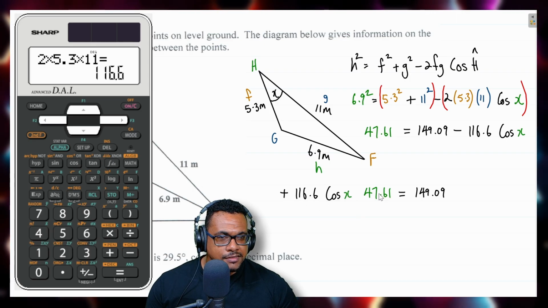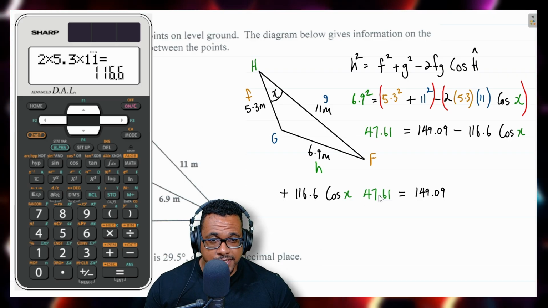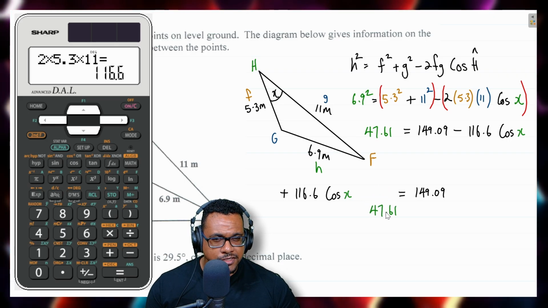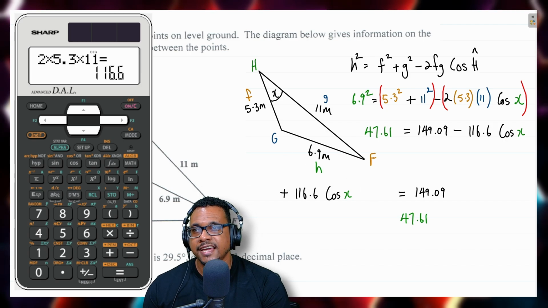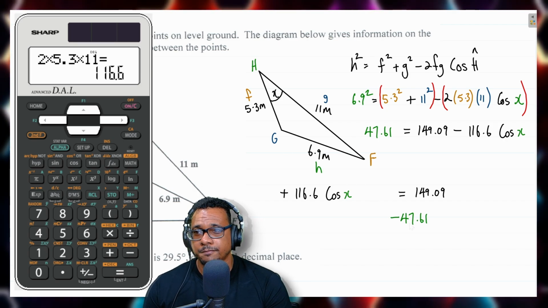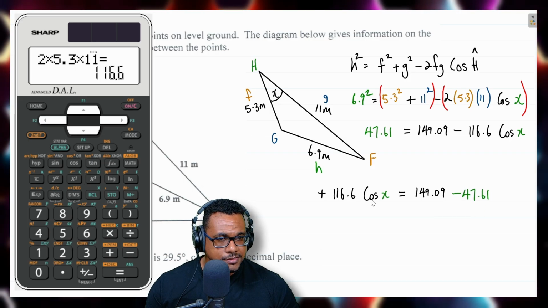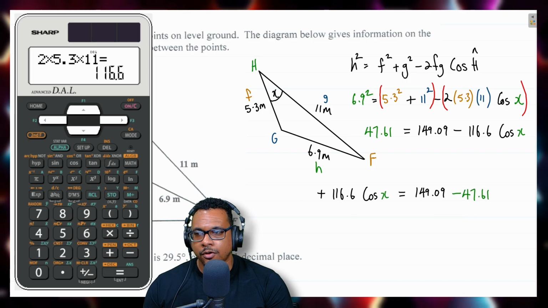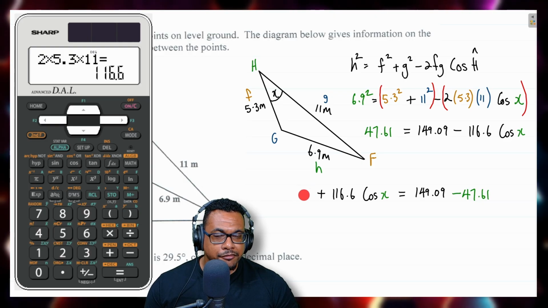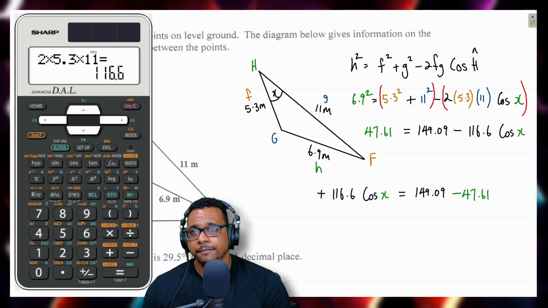And I'm going to take this 47.61, and this is positive 47.61. And when I transfer it across the equal sign, it's going to change to negative 47.61. And I'm going to bring it right here like that. I'm going to bring this here. And now, seeing that there's nothing in front of this 116.6, I can remove the positive sign.